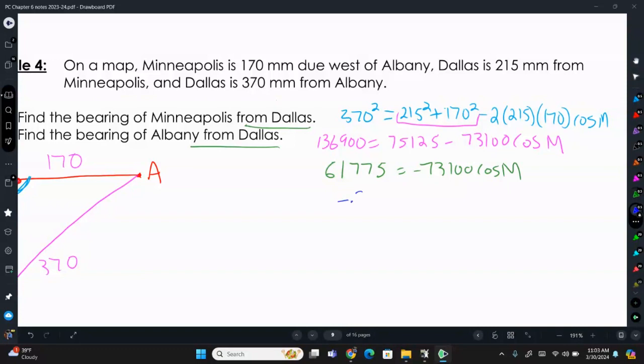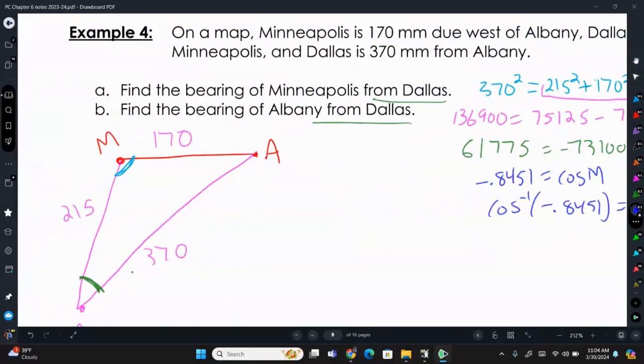So we get negative 0.8451 equals the cosine of M. So then the inverse cosine of negative 0.8451, I get 147.68 degrees. So that gives me the largest angle.